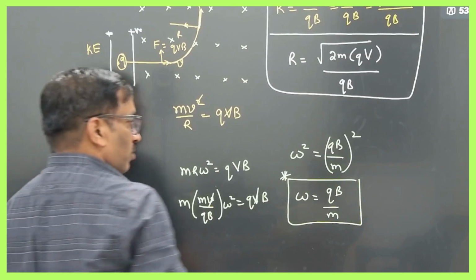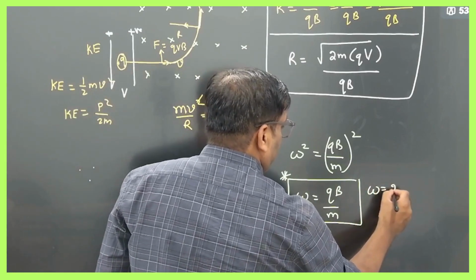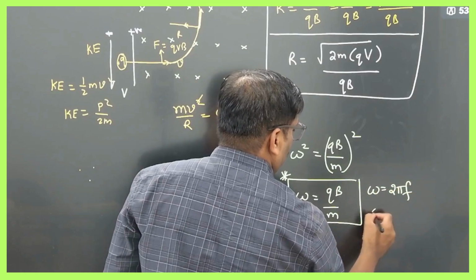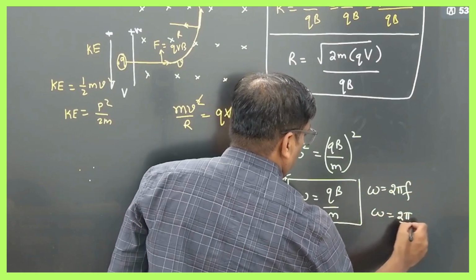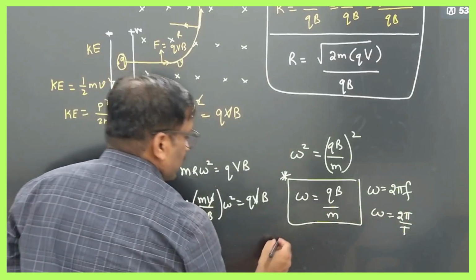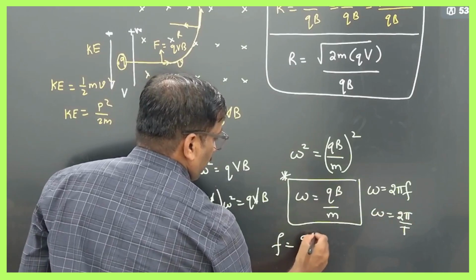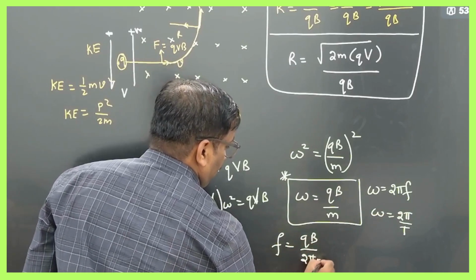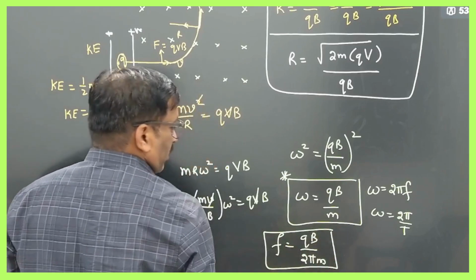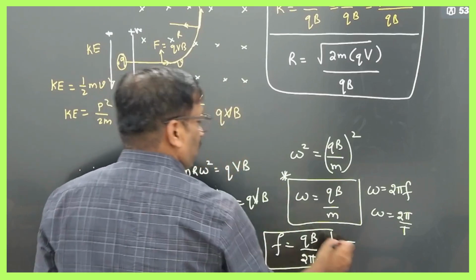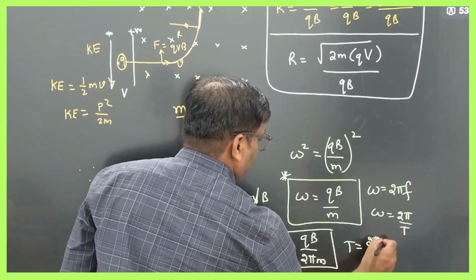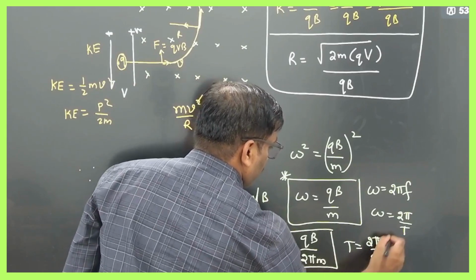Omega you know, no, omega is nothing but 2 pi into f, or omega is nothing but 2 pi by t. You can write down the frequency, what is the formula here, no, 2 pi into f, therefore qb by 2 pi m. So this will be your frequency. A time period is the reciprocal of this one, that is 2 pi m by qb.